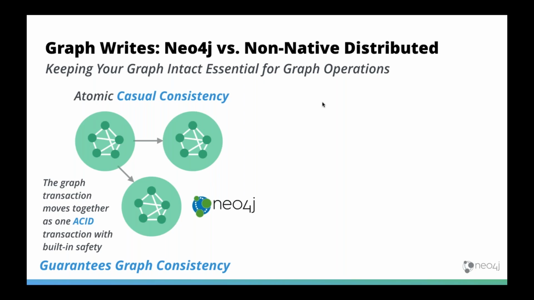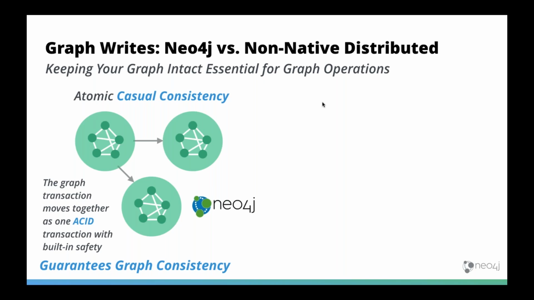And what Neo4j does is it allows you to have atomic causal consistency. And so the graph transactions move together as if they were one ACID transaction with some built-in safety as well, so that every step of the way we maintain and persist the relationships.